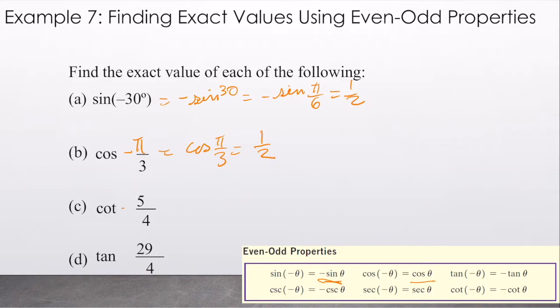Cotangent of negative 5 pi over 4 is going to be negative cotangent of 5 pi over 4. 5 pi over 4 is 225 degrees, so I have negative x over y.